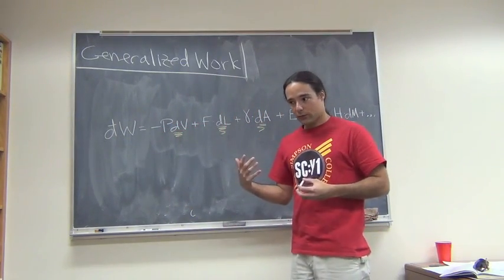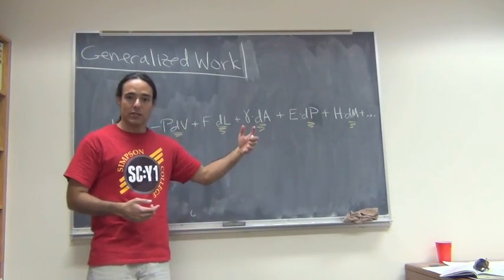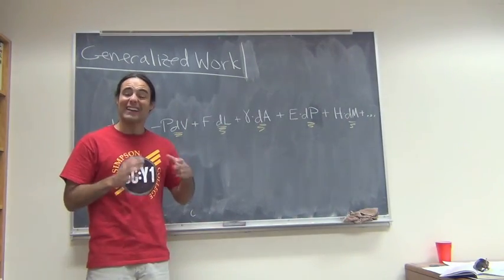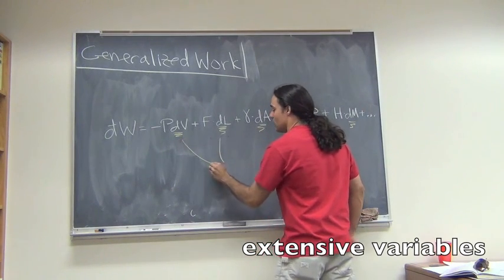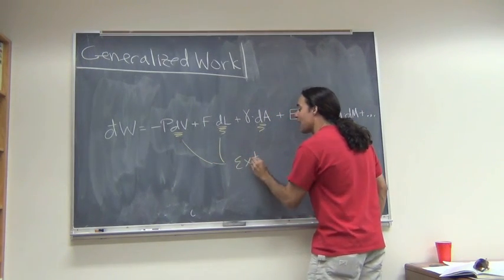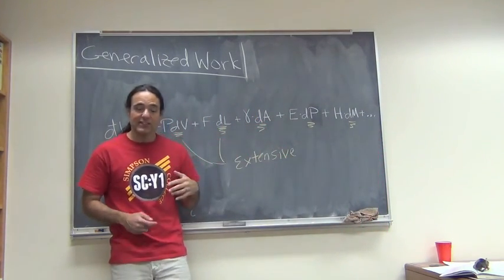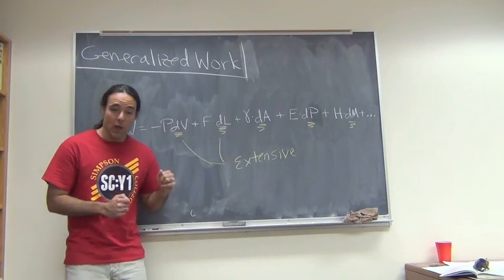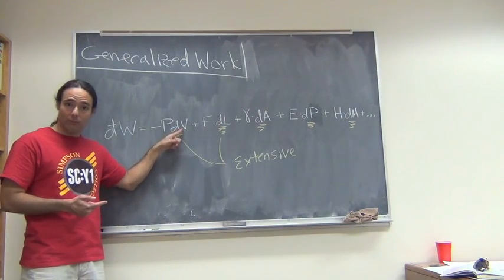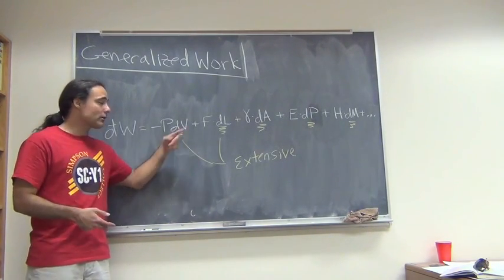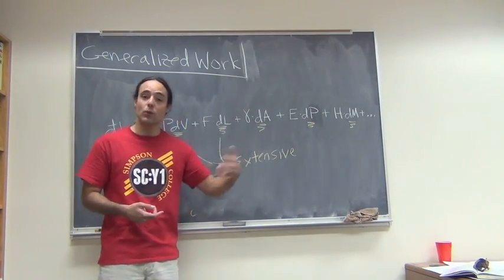All of those quantities, length, volume, area, polarization, magnetization, they are what we would call extensive variables. What I mean by extensive is that they extend with the system. So for example, if I were to double the size of my system, I would get twice as much volume. If I were to double the length of my wire, double the size, I would get twice as much length. Similar for these things. They change with the size of the system.